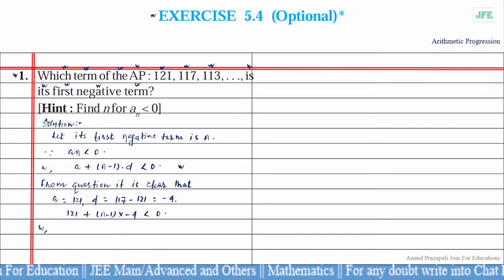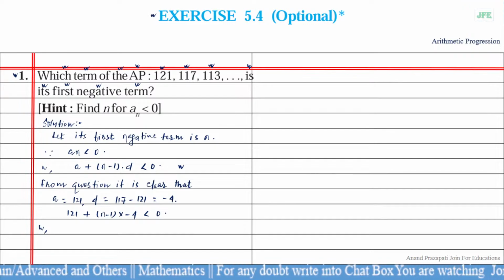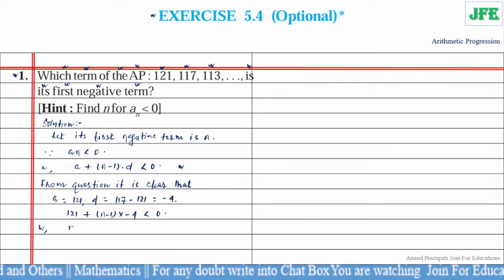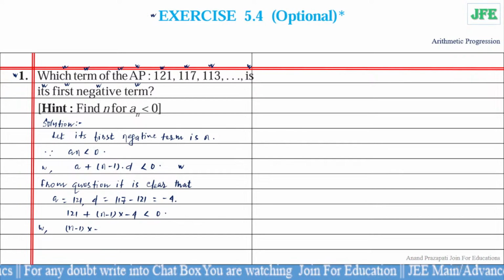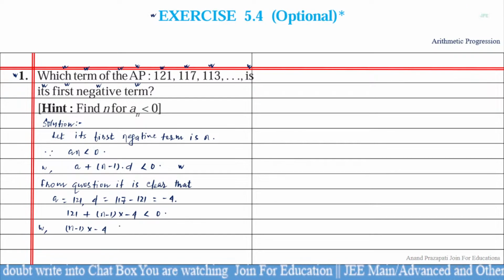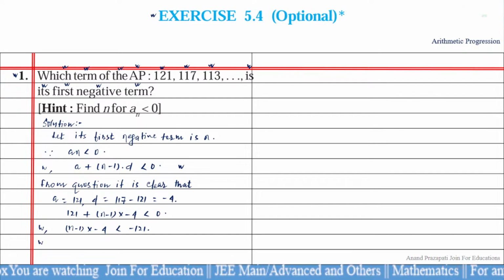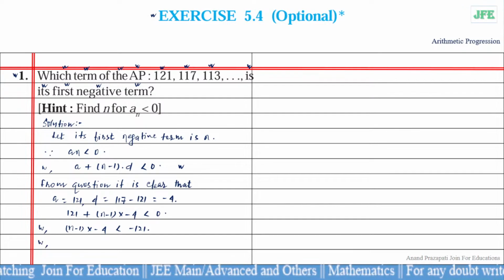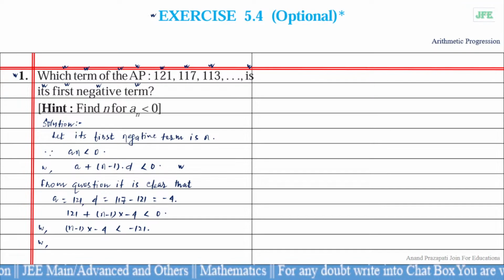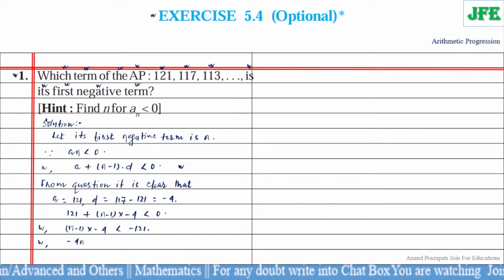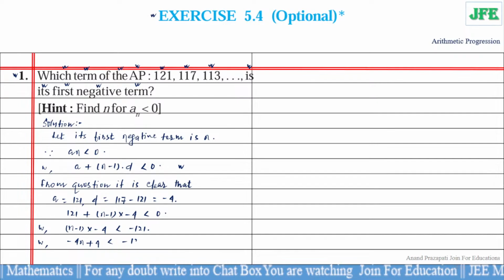Now subtracting 121 both sides, we get (n minus 1) into minus 4 less than minus 121. So we write down minus 4n plus 4 less than minus 121.